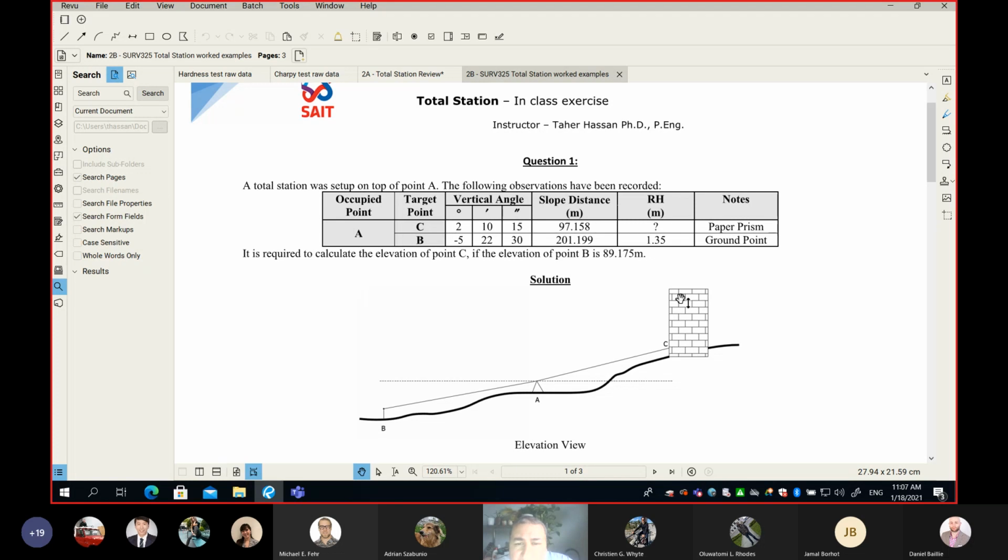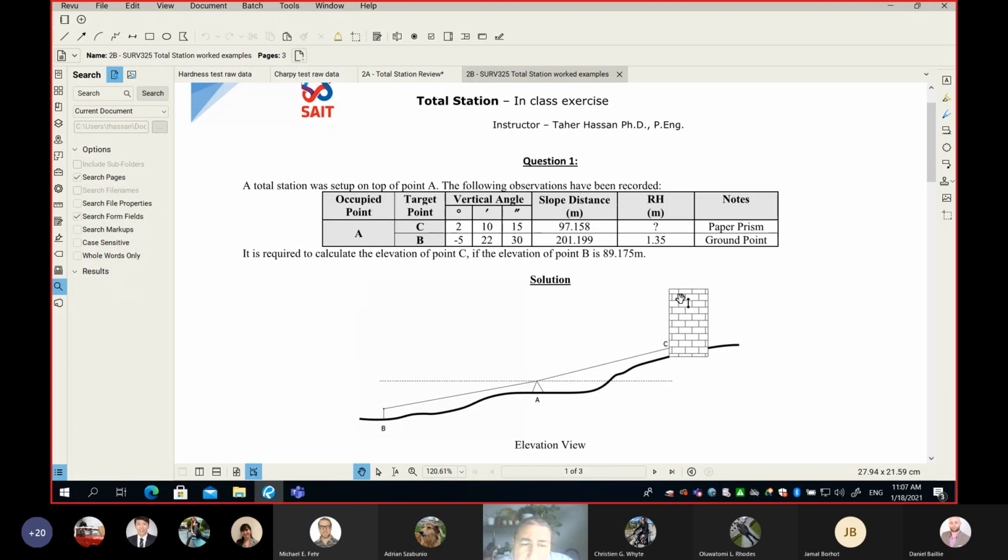And the observation, as you can see from the table, I have recorded the vertical angle. I also recorded the slope distance, and I recorded the reflector height, and I had some notes. Okay. And something also I want to mention before we proceed is that I want you to look at the vertical angles.